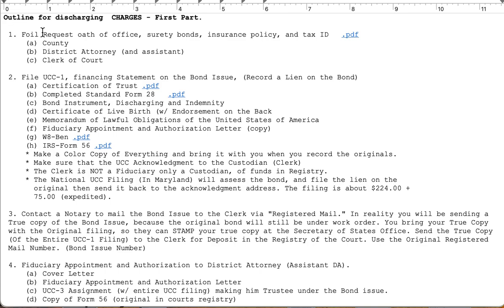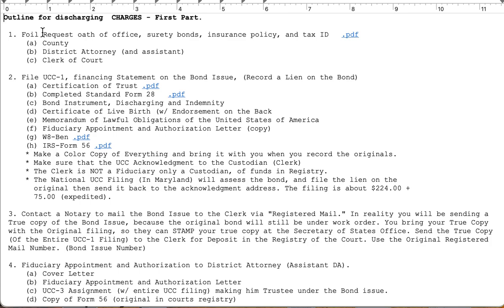Are your rights being considered? Have you been able to face your accuser? Are these real criminal charges? Are they commercial in nature? I'm just going to stick to the private side, the actual administrative process part of the discharge.